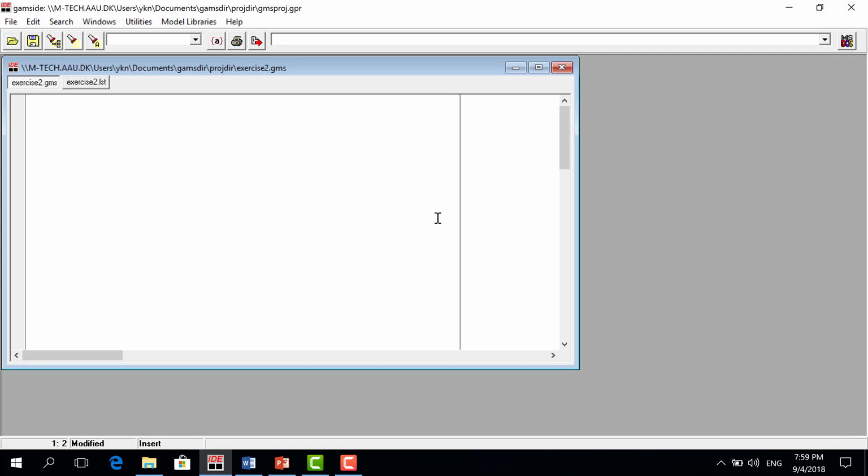Okay, now we have the same blank screen of our GAMS IDE. I think you still remember what we should first do in this blank screen. We have to put what sets are included in this modeling.